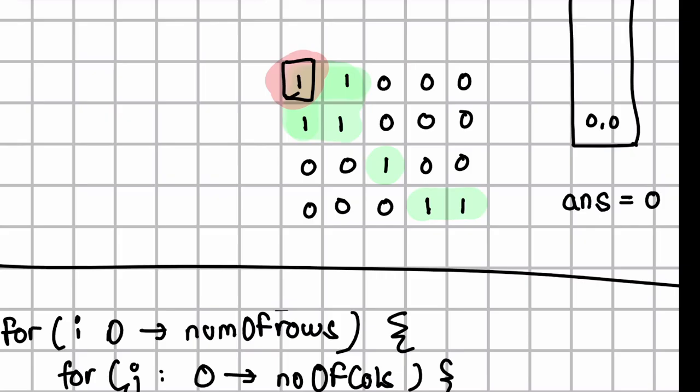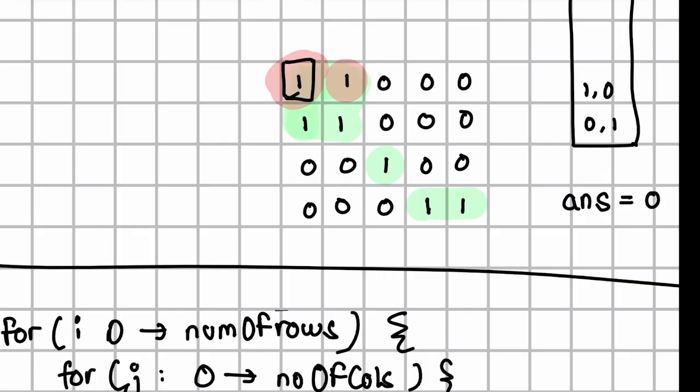Then I check left, nothing, then I check right, there is a coordinate on the right, so we mark 0, 1 and visit that. Then we check up, nothing, then we check down, we have a neighbor in down, so we add and visit that neighbor.